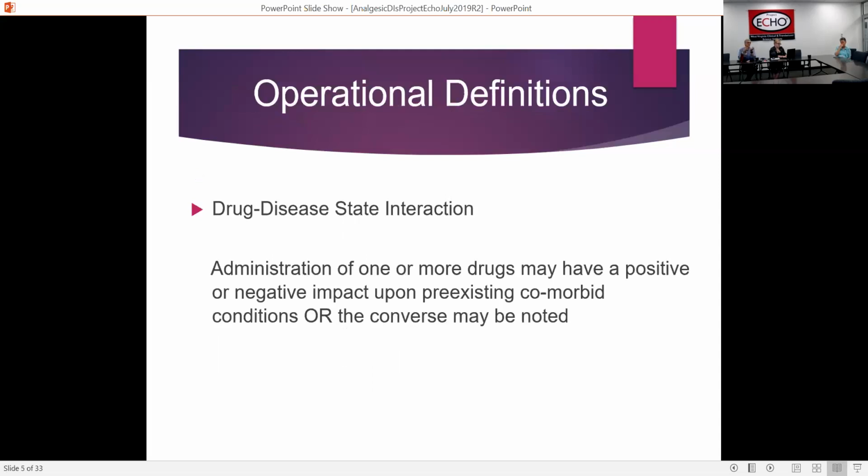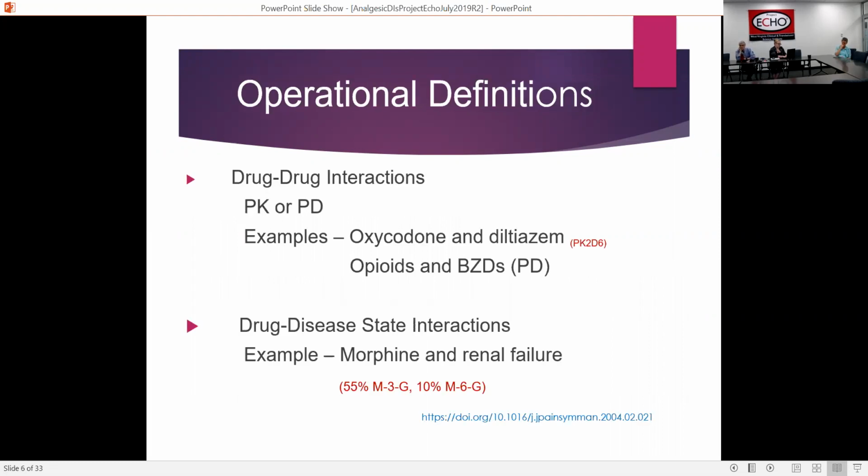Besides drug-drug interactions, you have to be aware of drug-disease state interactions. That's where one or more drugs may have a positive or negative impact on some pre-existent condition the patient has, or conversely, where the concomitant comorbid condition has a significant, maybe profound, effect on one or more drugs the patient is taking.